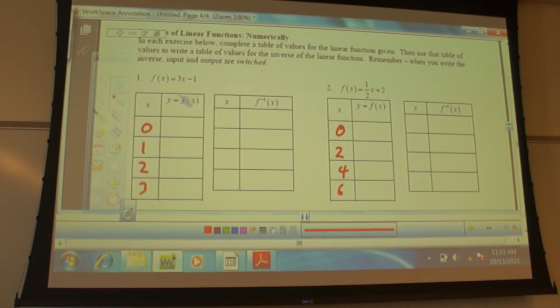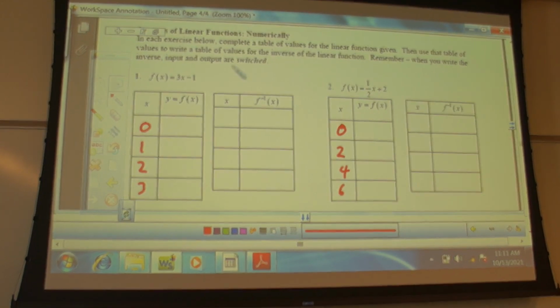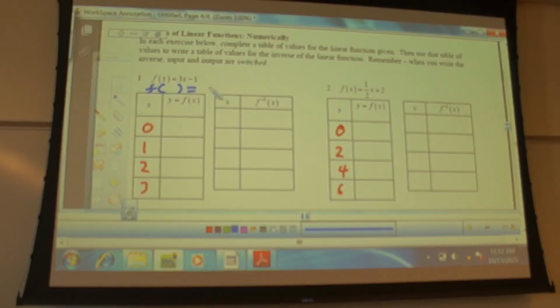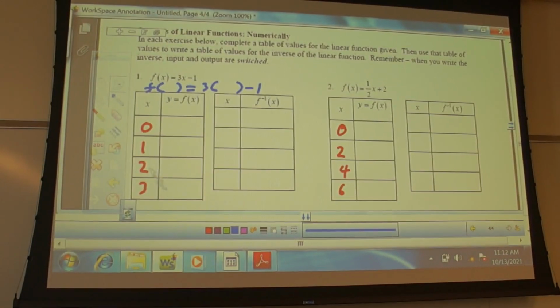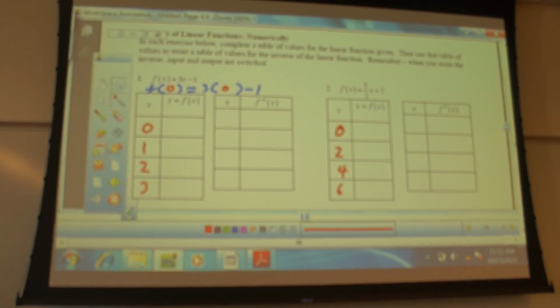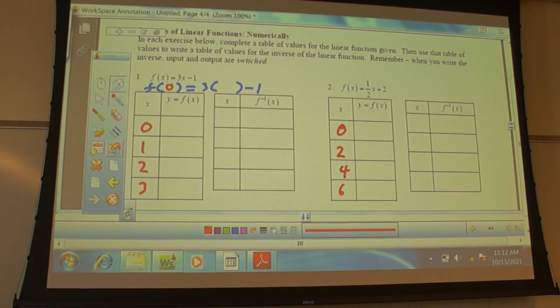The first one: f of x equals 3 times x, minus 1. You're just going to pop each of these in for x at a time and see what you get.